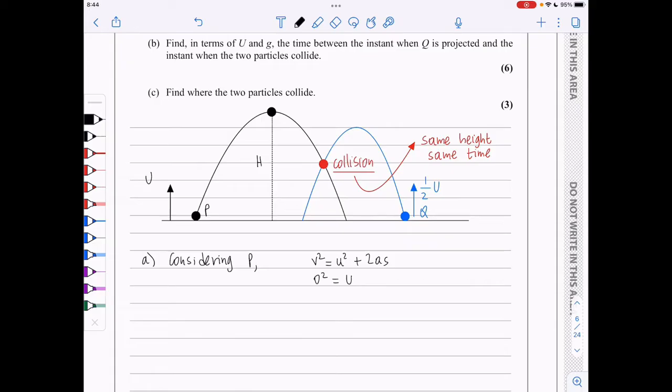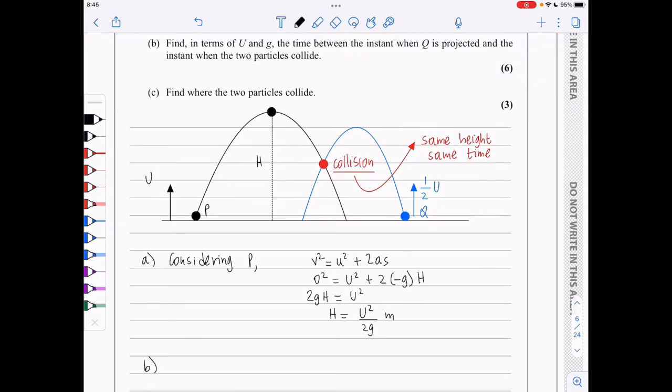The original speed is u. The acceleration is minus g because gravity is opposing motion, and the height attained, the s, is capital H. So 2gh is u squared, and therefore h is u squared over 2g meters.